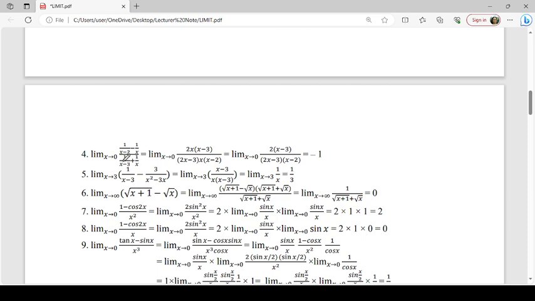This one, we are calculating and simplifying this. The denominator is x into x minus 2, the numerator is x minus x plus 2. This is also this, so it is x minus x into x minus 3.